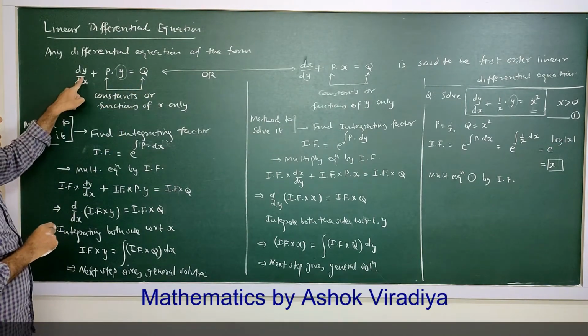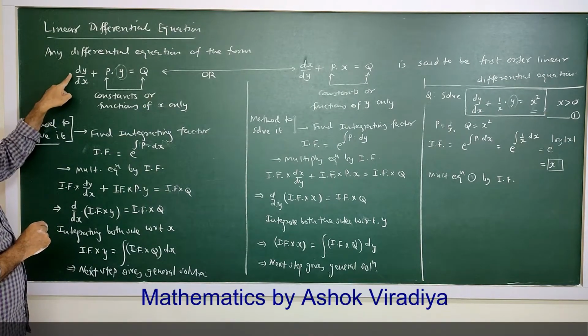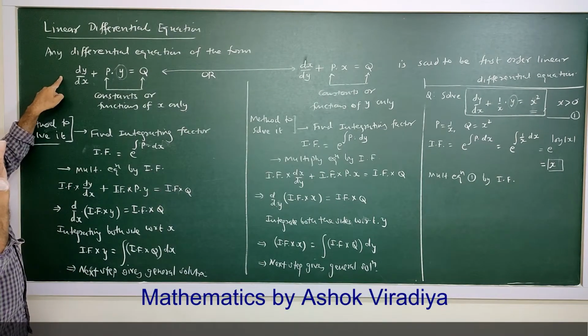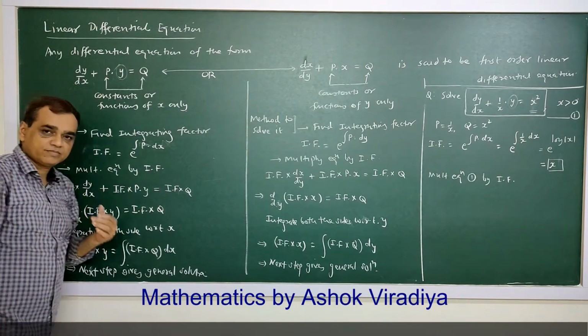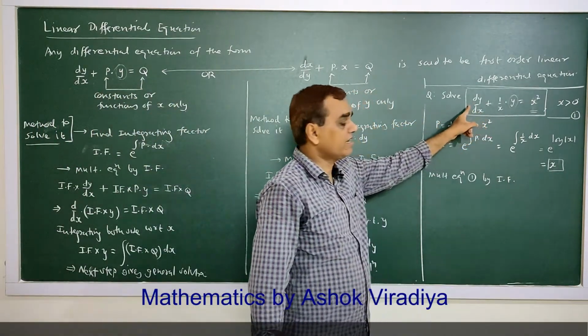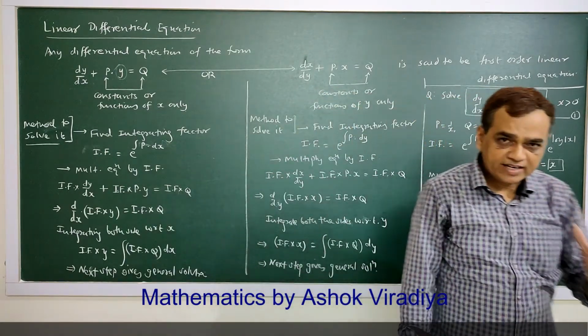Means with dy by dx, there should be nothing else. If anything is in multiplication, first of all you have to remove it, then start the procedure. So besides dy by dx, nothing.